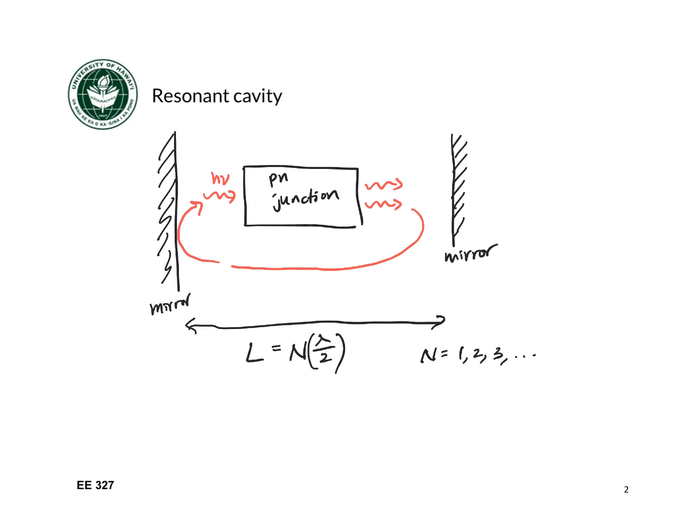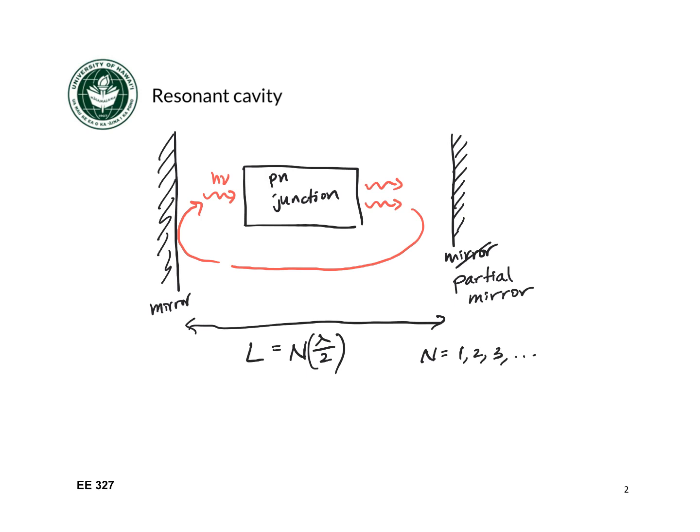Now with this resonant cavity, I'm amplifying the number of photons a lot because they're all staying in the cavity, but it's not a laser because I don't get any photons out of here. I have my p-n junction in this cavity, but I never see any photons outside of the cavity. So you actually want to make one of these mirrors not a totally reflective mirror, but a partially reflective mirror.